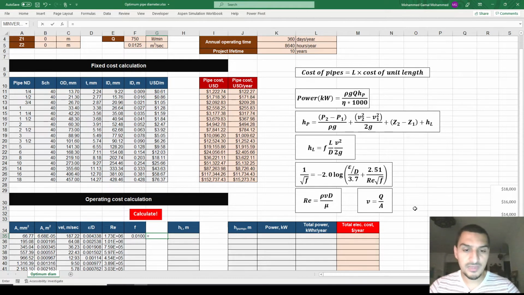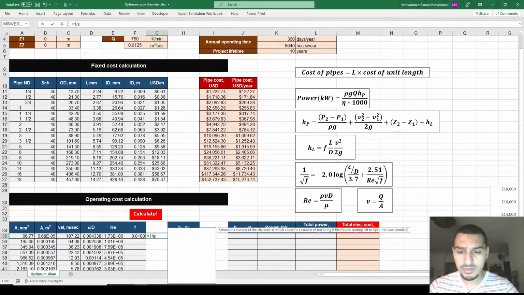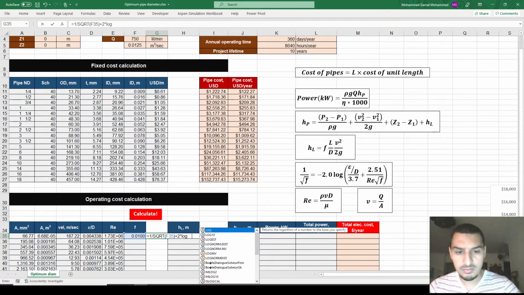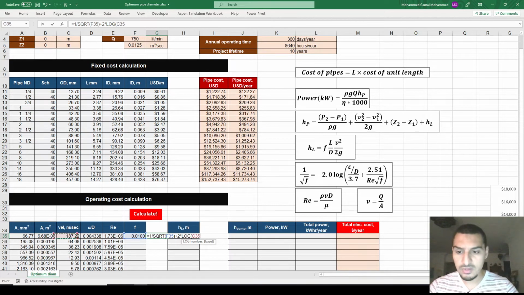So I'm going to calculate this equation and put everything on one side so that the equation equals 0. So it's going to be 1 divided by square root of the friction factor plus 2 multiplied by log of epsilon over D divided by 3.7 plus 2.51 divided by Reynolds number times square root of the friction factor.